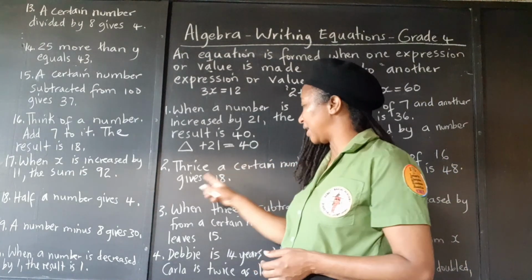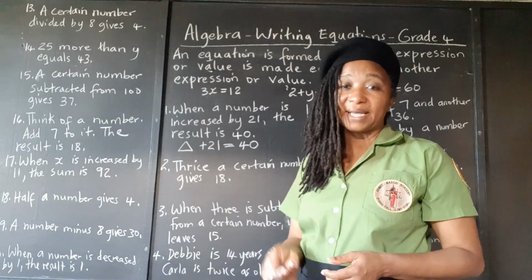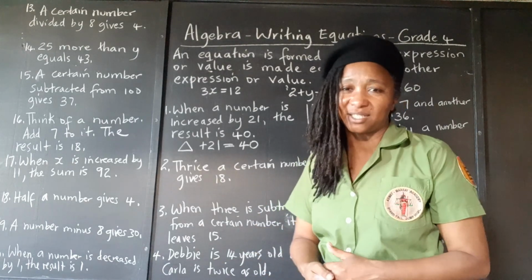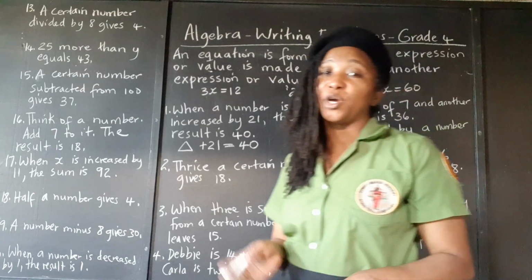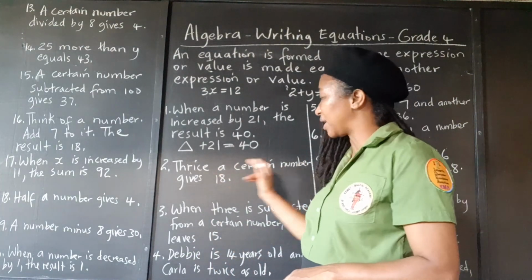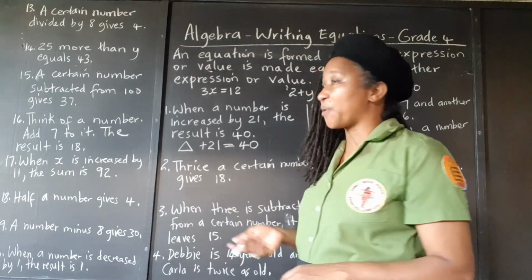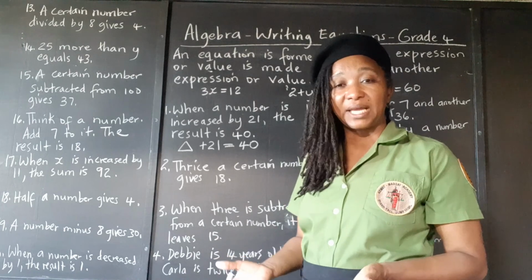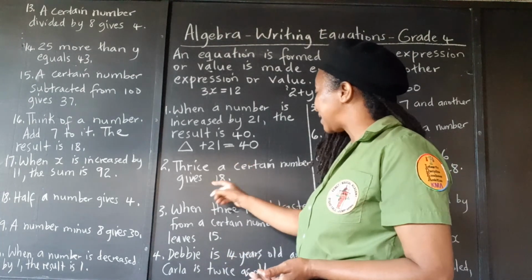Number 2, thrice a certain number gives 18. Thrice means 3 times. It's kind of like an old way of saying it, not often used these days, but you should still know what it means, right? So let's say we're using an asterisk this time to represent the unknown number. Thrice means 3 times.